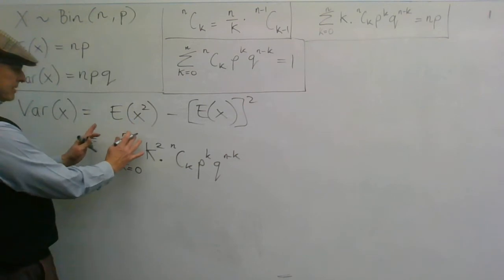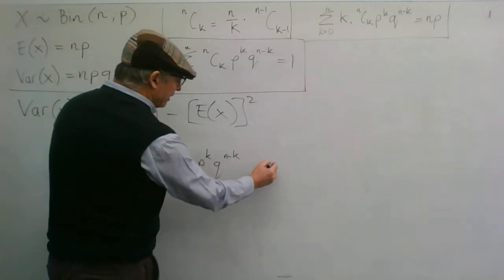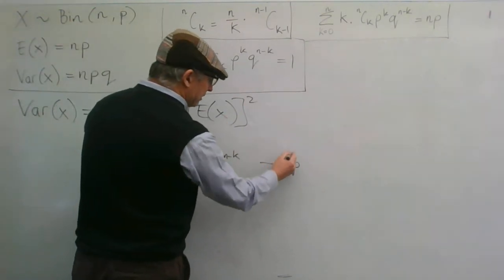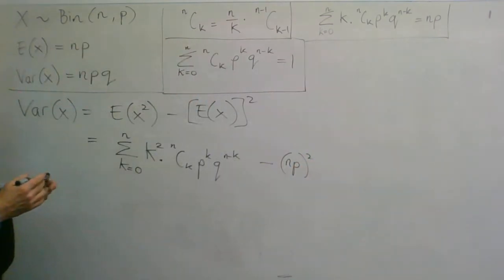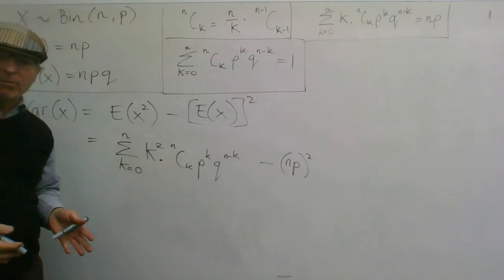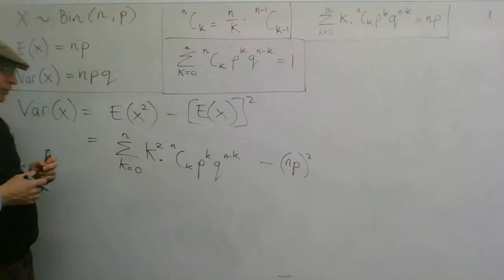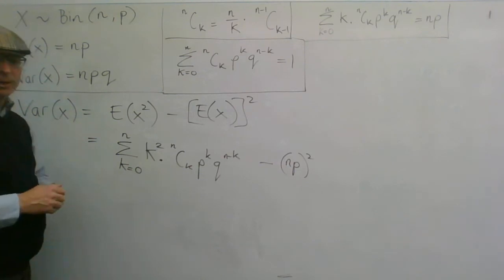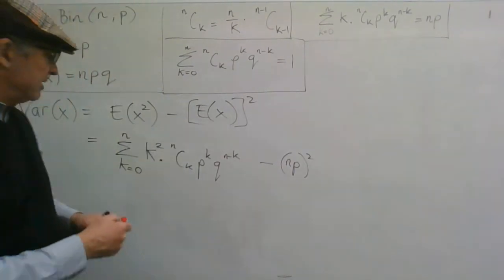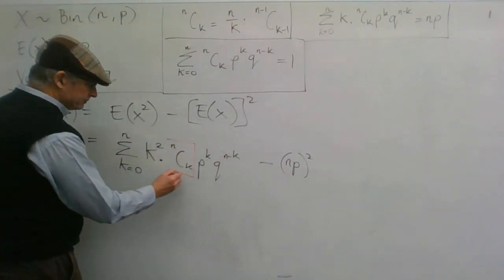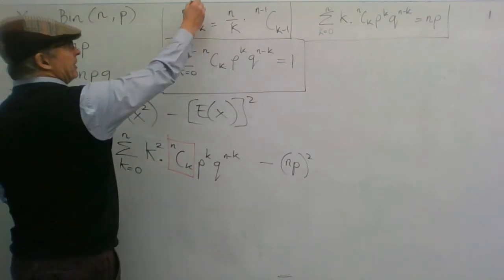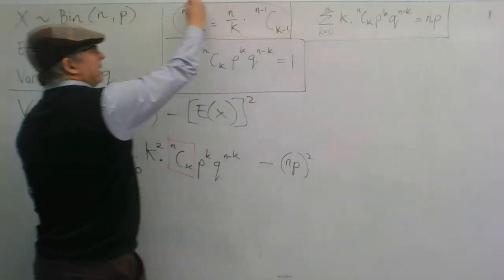So that's that written out, minus (np) squared. And now we're going to do the same replacements that we did when we worked out the expected value. So the first thing I'm going to do is change this guy here using this formula up here.